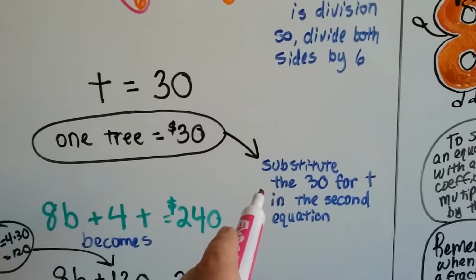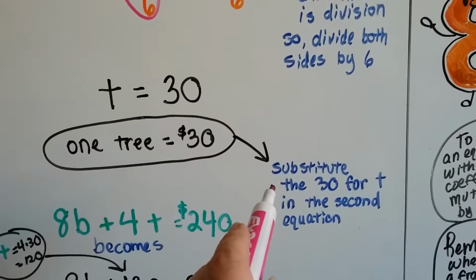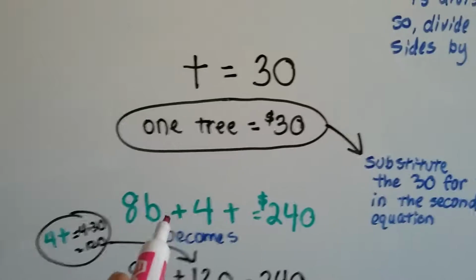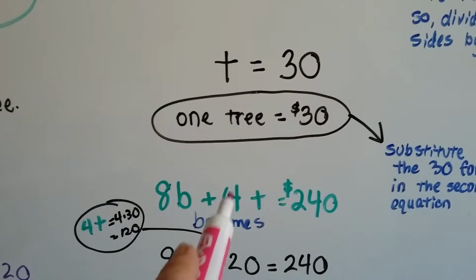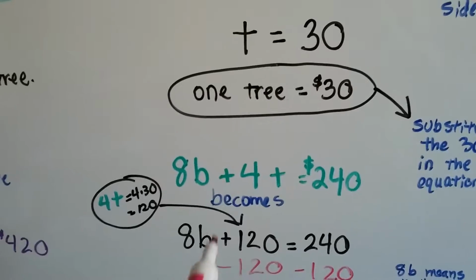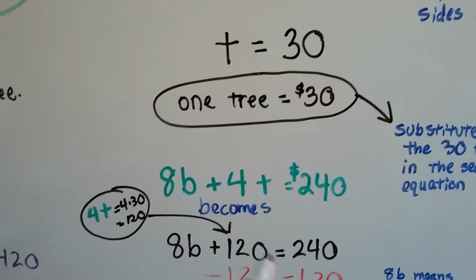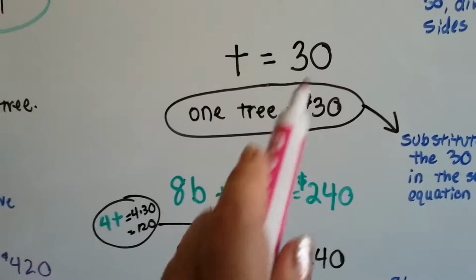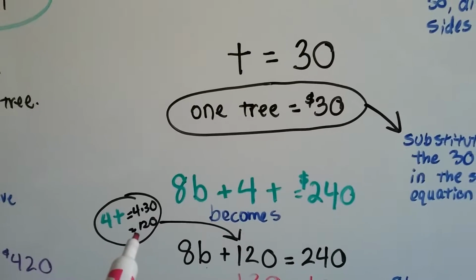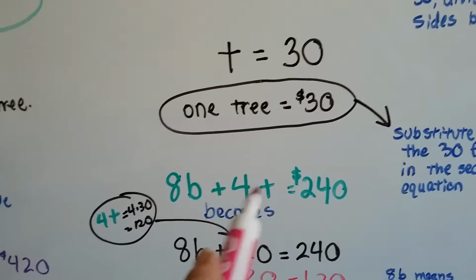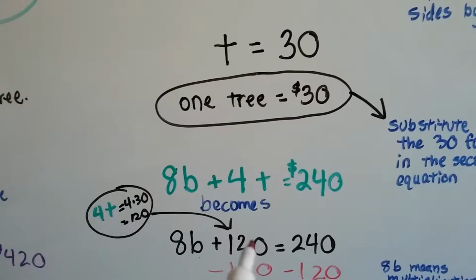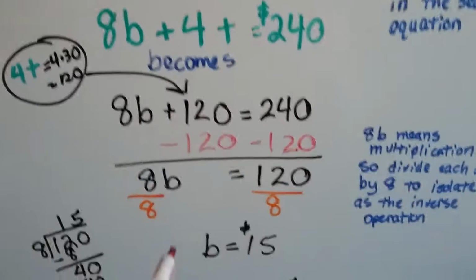We can substitute that $30 for t in the second equation. This was our second equation, 8b plus 4t equals 240. And it's going to become 8b plus 120 equals 240. Because 4 times t, 4 times 30 equals 120. See? So now our second equation became 8b plus 120 equals 240.